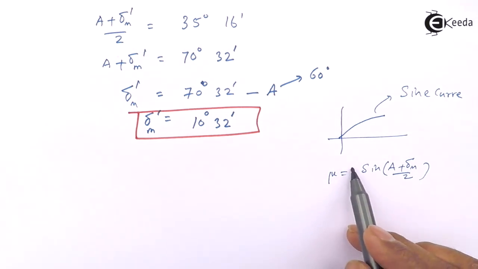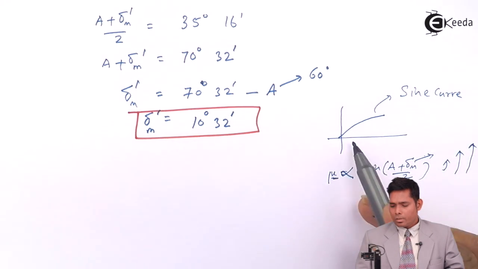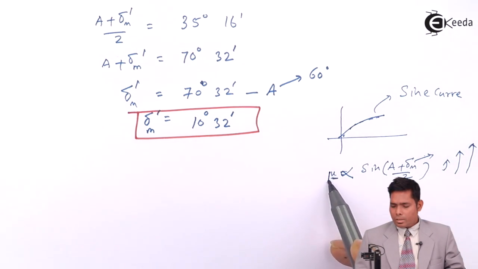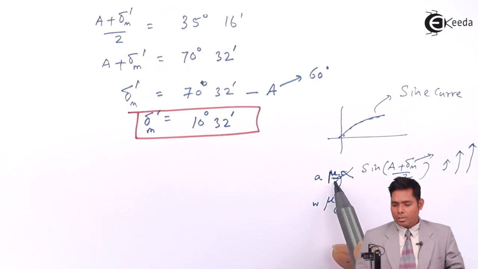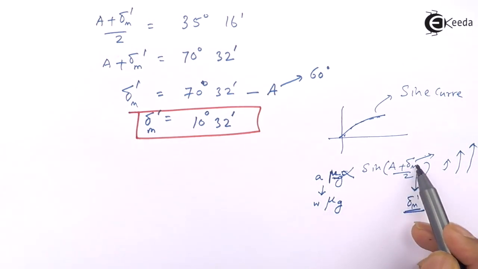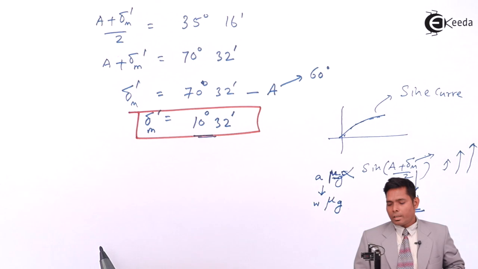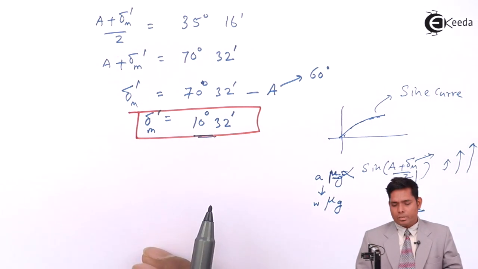Basically, if you look at this, because A is fixed, only this value matters. If this increases, then this whole thing will increase. As the initial condition was the glass with respect to air, and the next condition is glass with respect to water, so mu is reducing. This value will drop from a certain value to a certain value, so therefore the delta should also drop. So delta m prime should be less than delta m, which is 40 degree there, now it is 10 degree and 32 minutes. Okay, thank you.